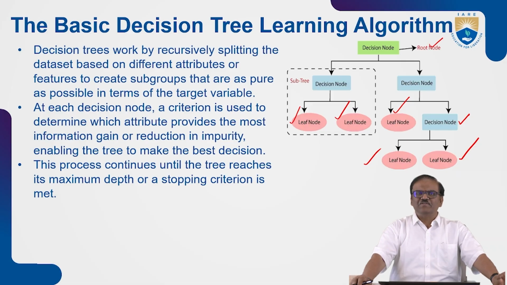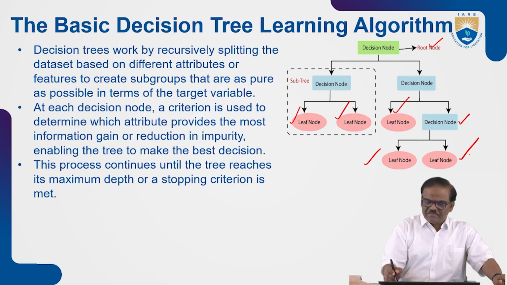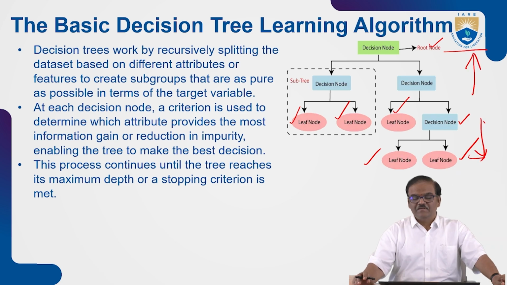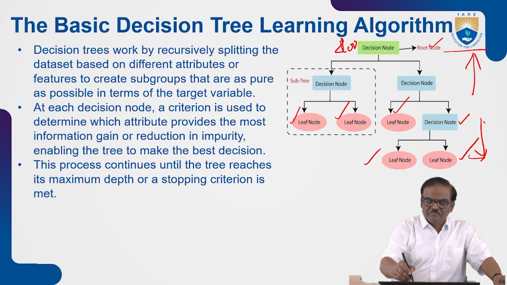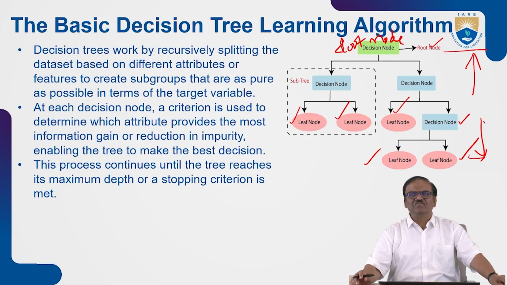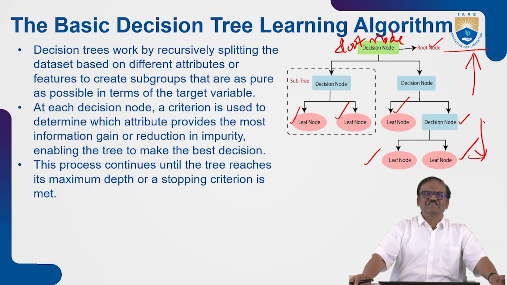This process continues until the tree reaches its maximum depth or a stopping criterion is met. This is what we call the depth of the tree, where that is the starting root node here. From here, at the leaf node, no further branching is required.